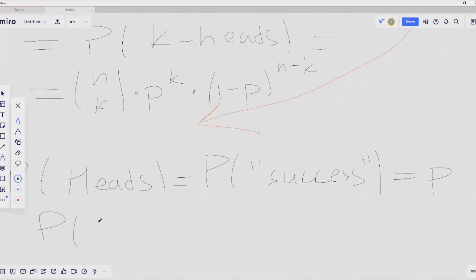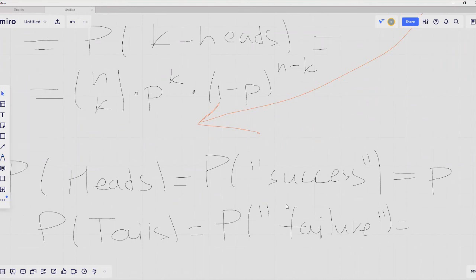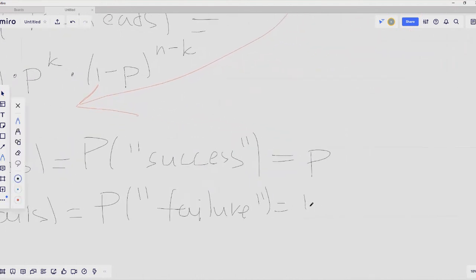Then probability of tails, or probability of a failure on a particular trial is equal to 1 minus p, or if we give it a new name, let's call it small q.